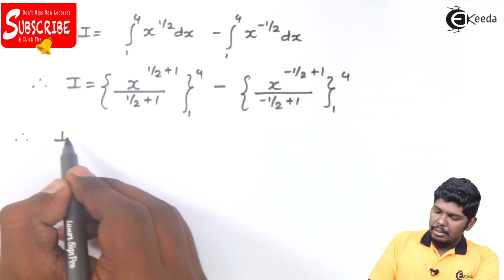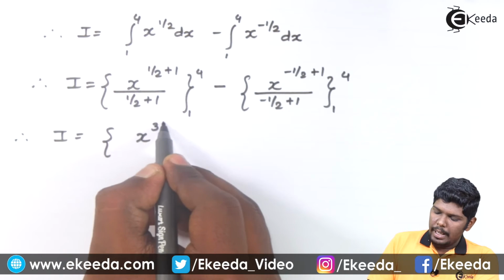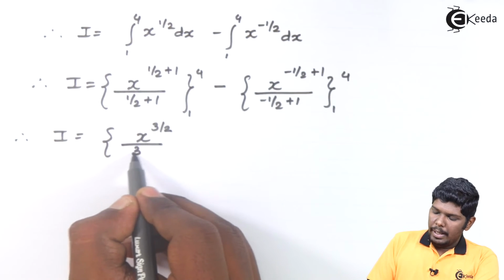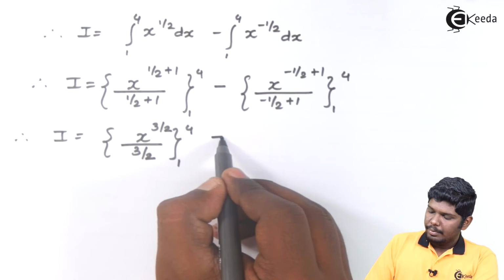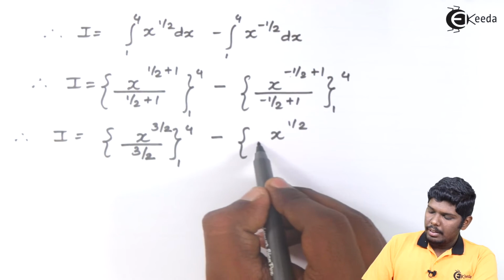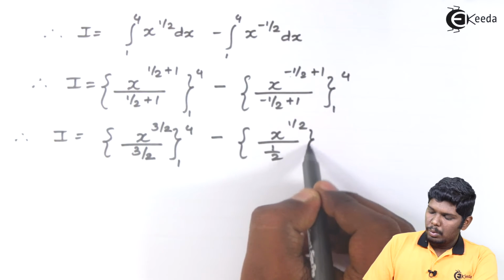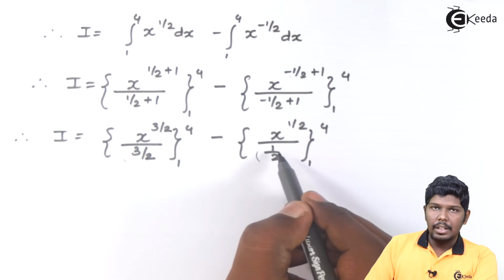On further solving, half plus 1 gives 3 by 2, so we have x raised to 3 by 2 upon 3 by 2 from 1 to 4, minus, and minus half plus 1 gives plus half, so x raised to 1 by 2 upon 1 by 2 within limits 1 to 4. Now the reciprocals of these fractions will be multiplied.